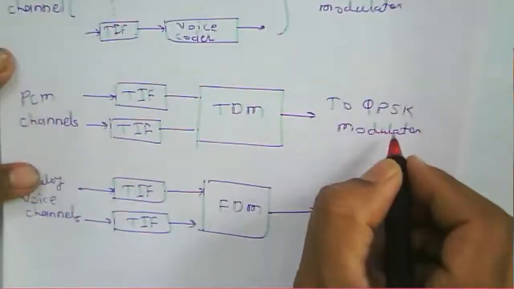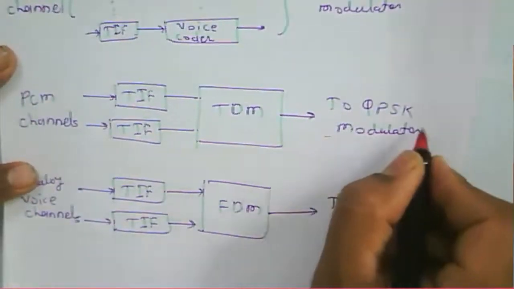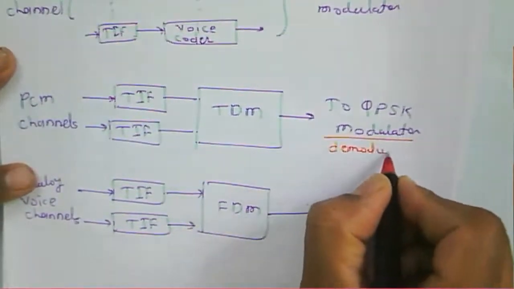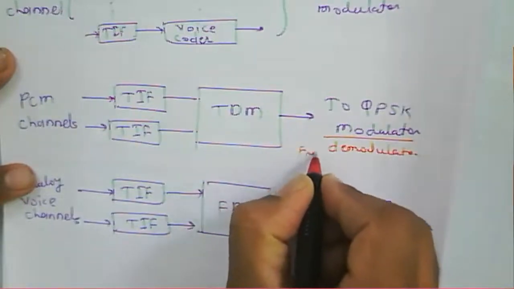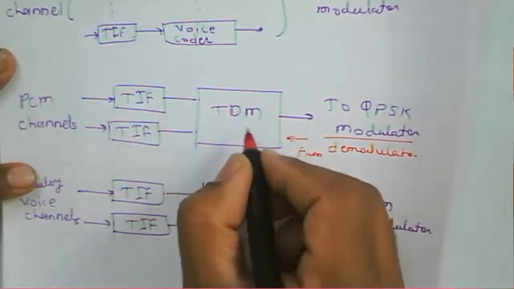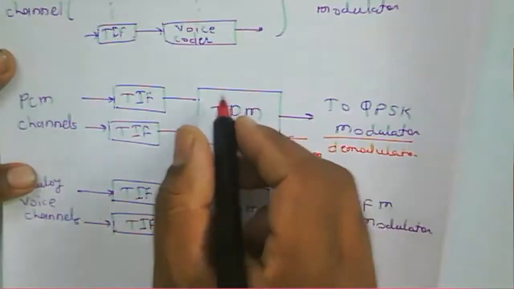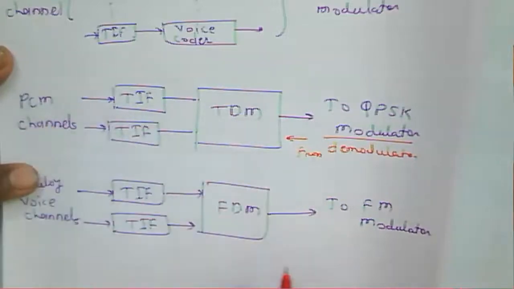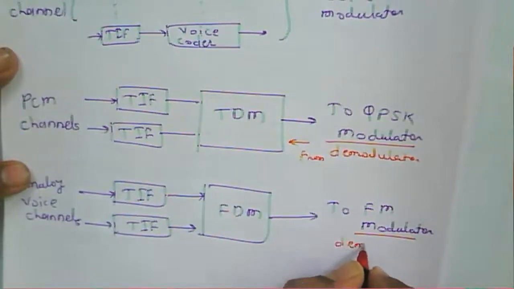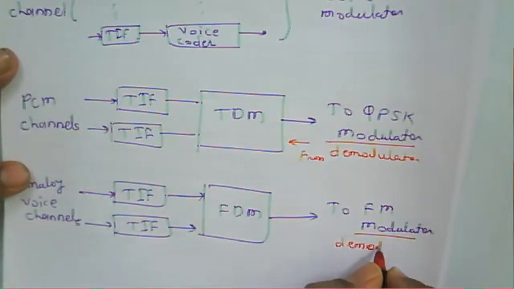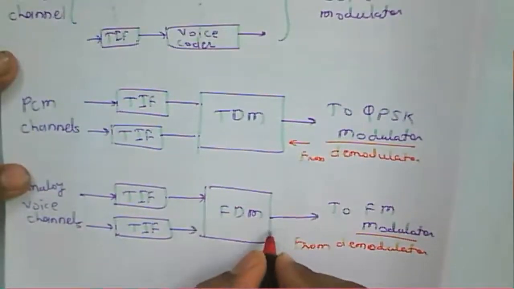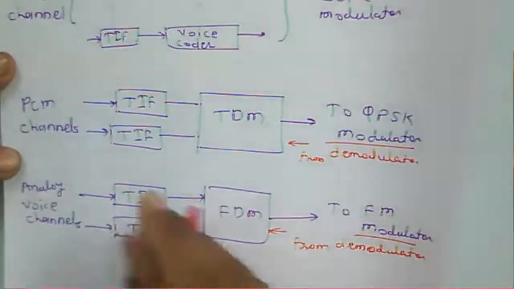Similarly, for the QPSK, it will be from the demodulator, then we have a time division multiplexer, then a TIF, and then the PCM. Similarly, instead of an FM modulator, it will be from the FM demodulator input here, FDM, then TIF, and analog voice channel.